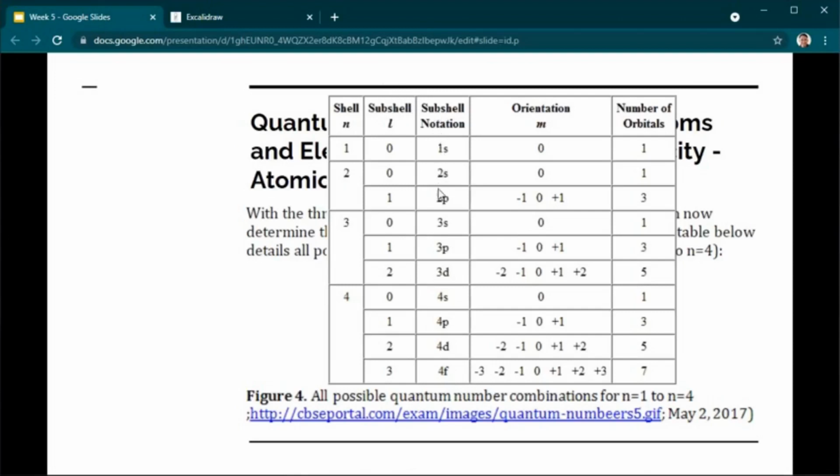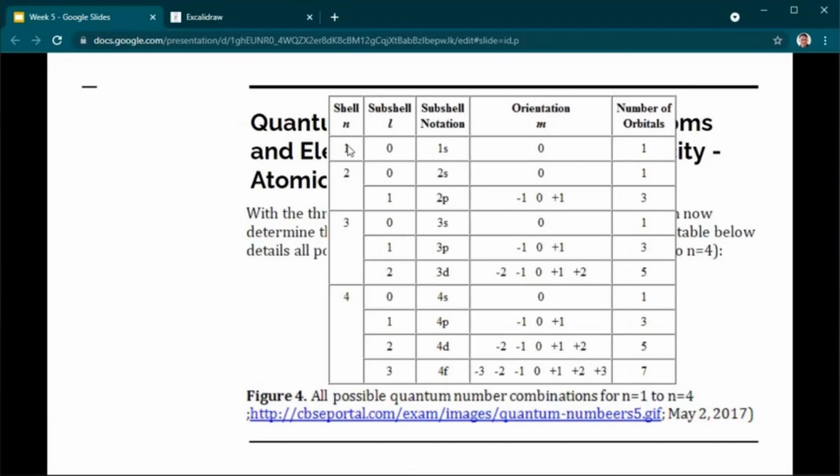This is the angular quantum number in letters. Then we have the magnetic quantum number, or m, this one. And then we have the number of orbitals. Okay, let's start with n, or the shell. This is the principal quantum number. So this is the number of major quantum levels.